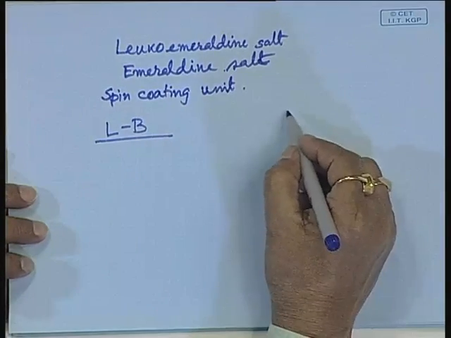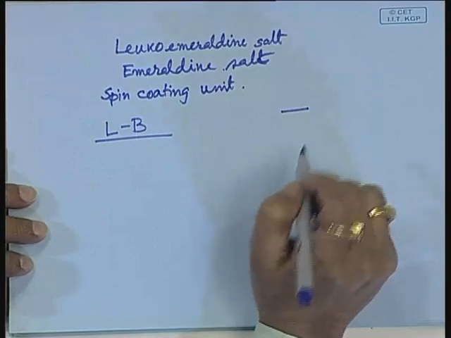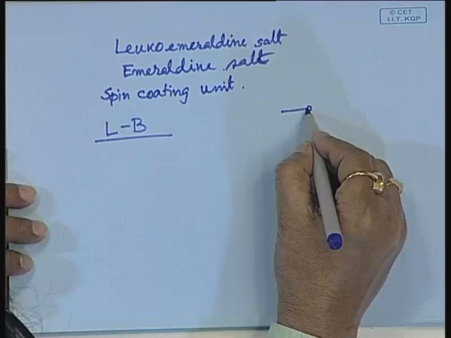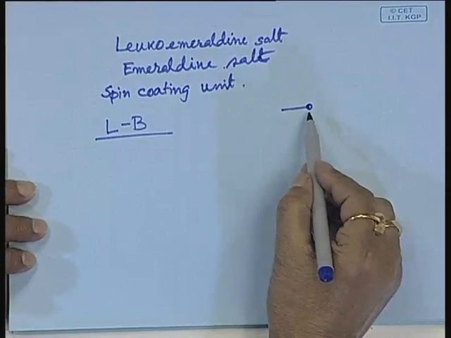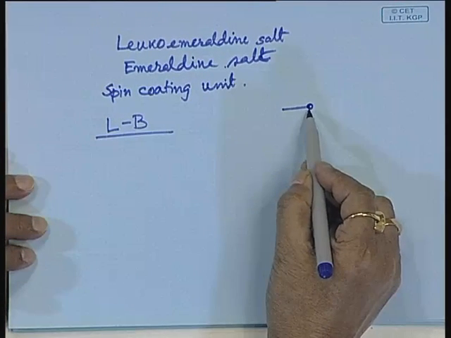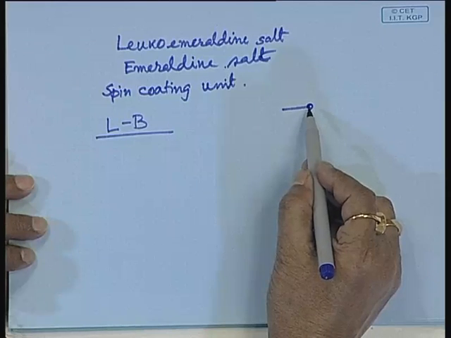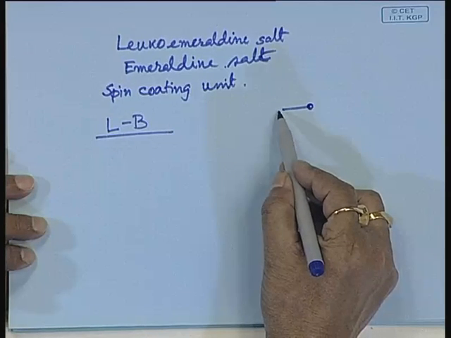For example, you want to deposit stearic acid molecules, lipid molecules on a substrate. What are these lipid molecules? Say if you consider a schematic of a stearic acid lipid like this, having a polar head, hydrophilic head, it is a carboxyl group, stearic acid, and the tail is a hydrocarbon chain, hydrophobic.